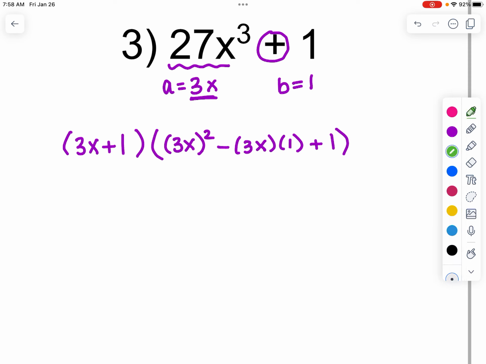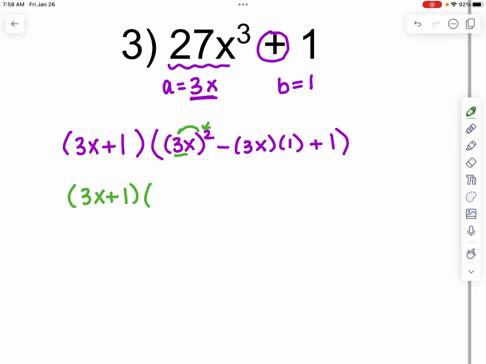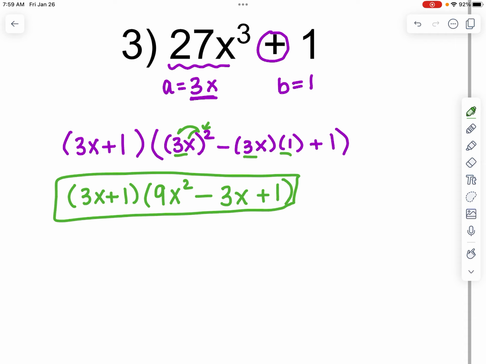I just want to show you, in case you would get lost here if I skipped a few steps. We have that 3x plus 1. Now, when you do 3x all squared, remember you have to square both the 3 and the x. So this becomes 9x squared. Minus 3x times 1 is just 3x. Bring down the plus 1. Here is our factored form.